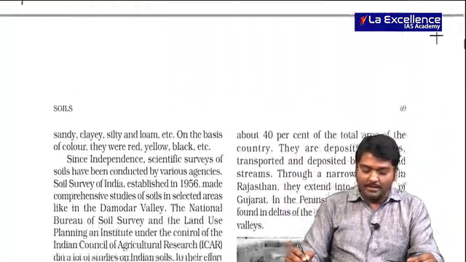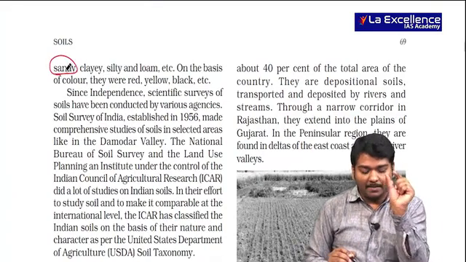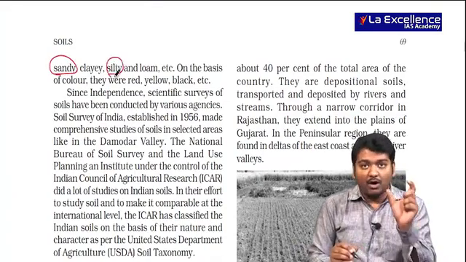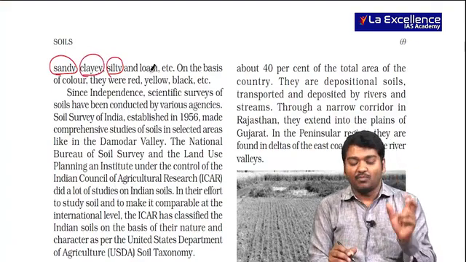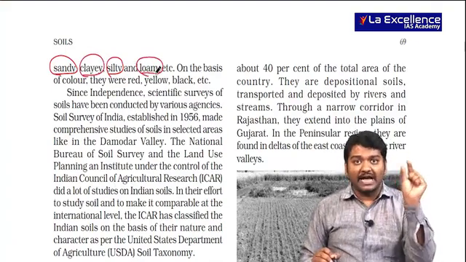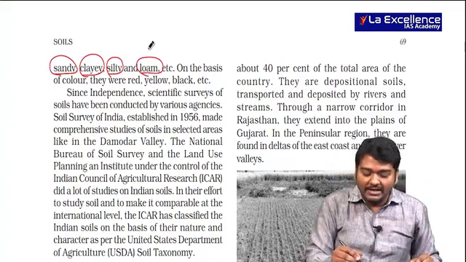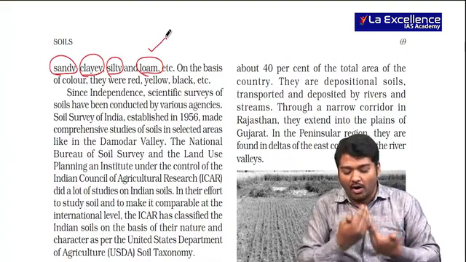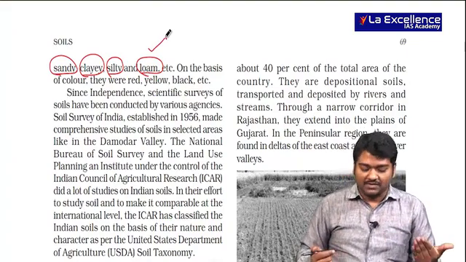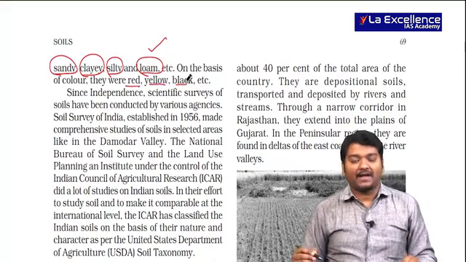And then on the basis of size, it is divided into sandy, bigger particles; silty, smaller ones; clayey, very small; and loam, a mixture of all these. On the basis of color, it is differentiated into red, yellow and black, right?